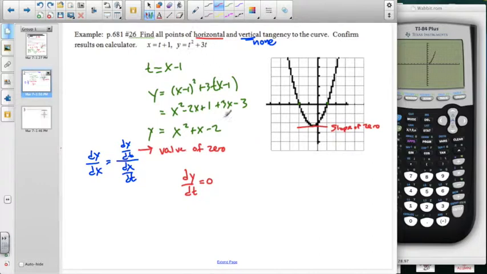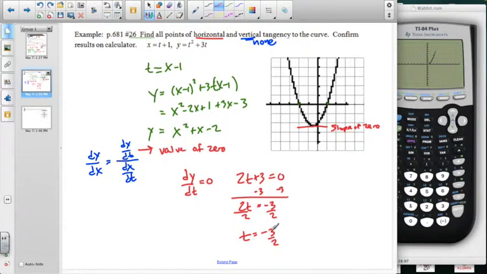So here's our y parametric equation. The derivative there is 2t plus 3. When we set that equal to 0 and solve for t, move 3 to the other side, divide by 2, we get a t value of -3/2. So there's our value for t.